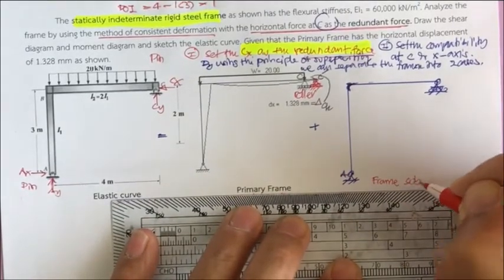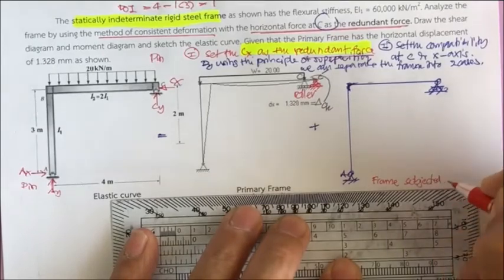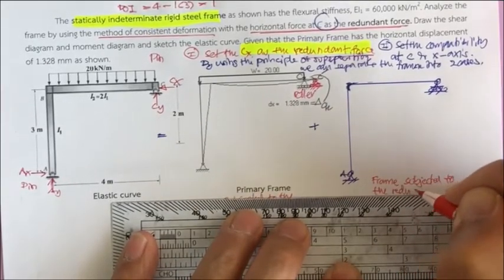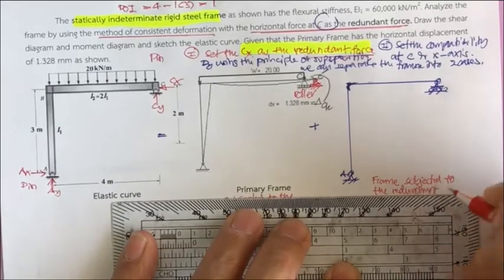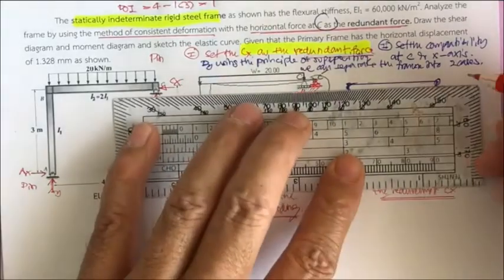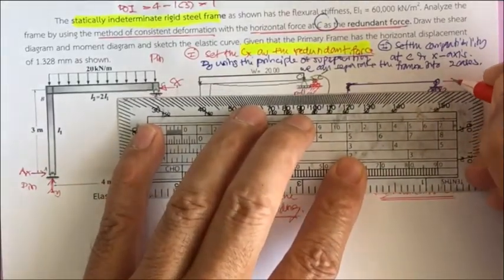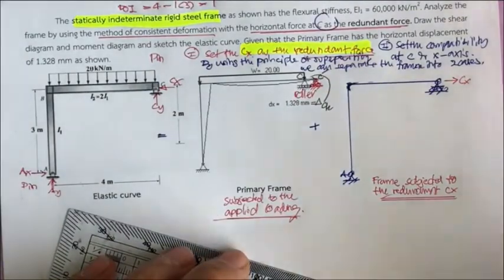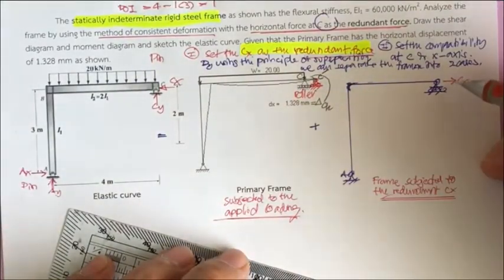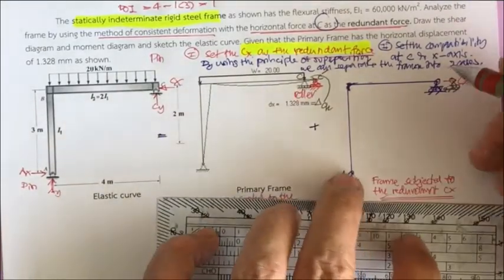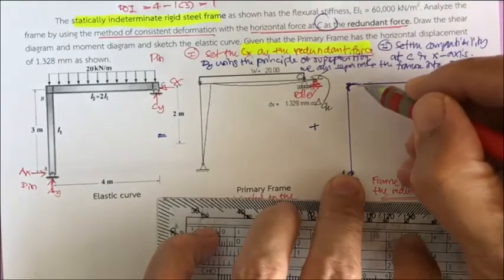This frame is subjected to the redundant C sub x, and C sub x is the unknown, right? So the C sub x also moves this point to this position, and then what we have is the deformation of this one.